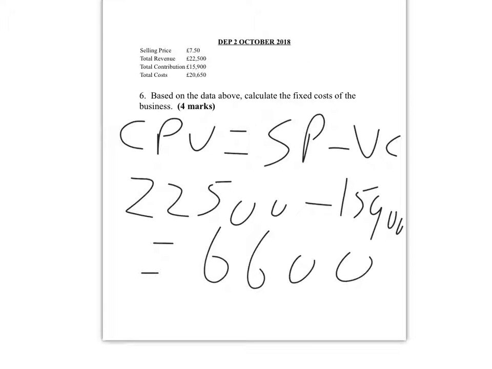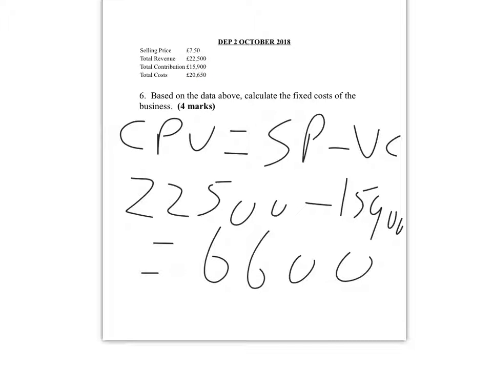Alright, so now that you know that your total variable costs equate to 6,600, and the question's asking you to work out the fixed costs, well, you're given the total costs, and total costs can only be fixed and variable. So if 6,600 of those costs are variable, then the remainder is fixed.